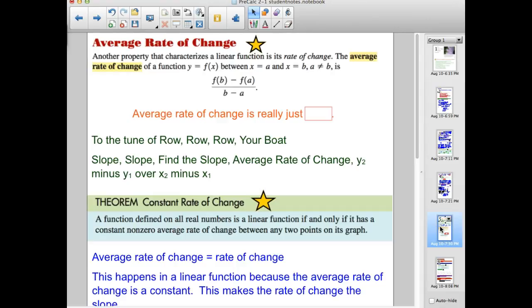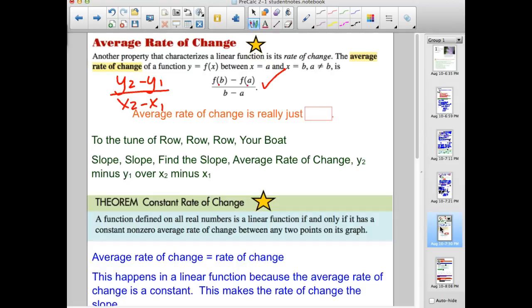All right, there's a lot of stuff about slope on this page. You guys are used to seeing it y2 minus y1 over x2 minus x1. That's the same thing they're giving you right here. It's just instead of x's and y's, they're saying I'm going to have an a and a b, and then my y value at a and b.